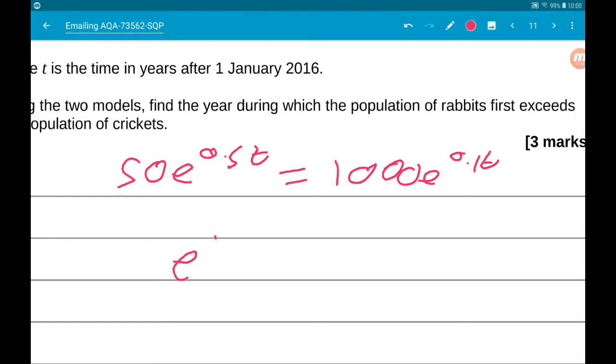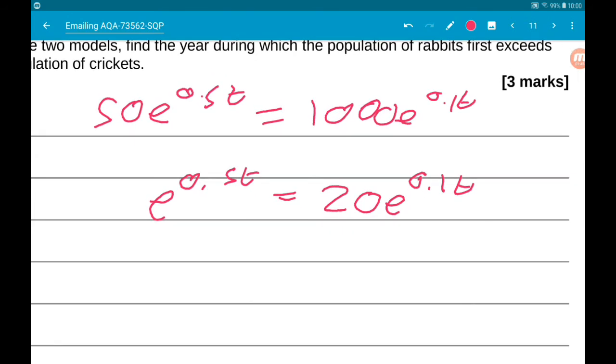So we get e to the 0.5 t is equal to 20 e to the 0.1 t. Now, what we can do here is divide both sides by e to the 0.1 t.